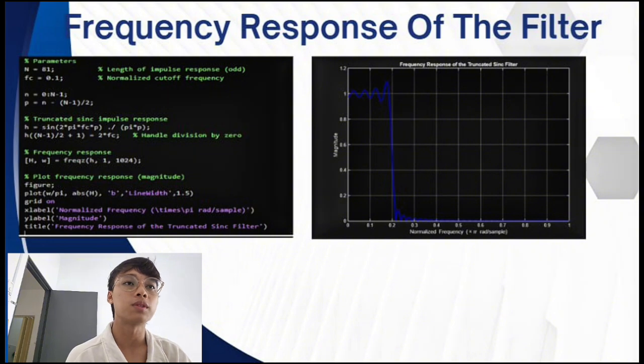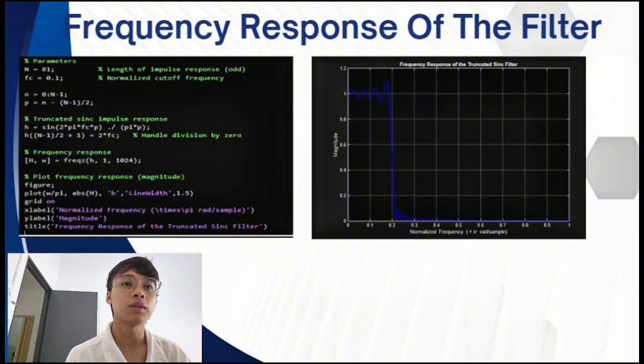So here is the frequency response of the filter. We set n equal to 81, fc equal to 0.1. For the frequency response, we just need to use h and w equal to freqz, h, 1, and 1024. To plot the frequency response magnitude, we set figure, plot w divided by pi, abs h, then b for blue, and line width is 1.5.